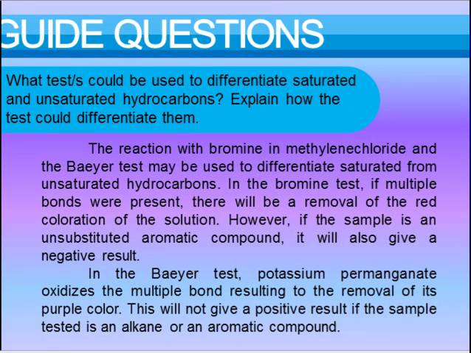Remember that unsubstituted aromatic compounds give negative results. In the Baeyer's test, a positive result means the removal of the purple color, which is due to hydroxide ions bonding on the broken pi bond sites. Note that alkanes and aromatic compounds do not react here.